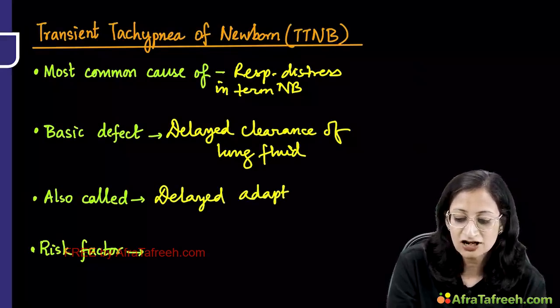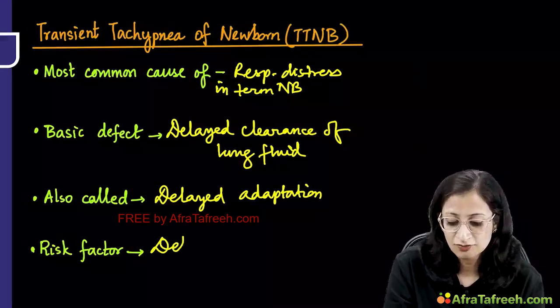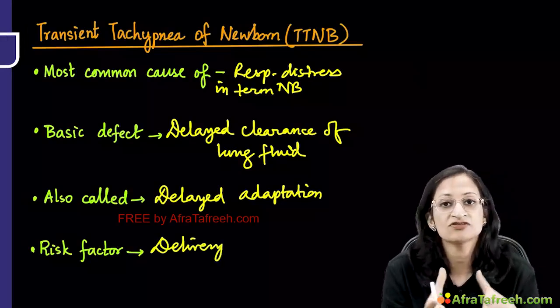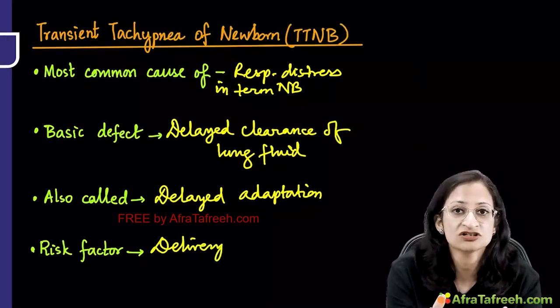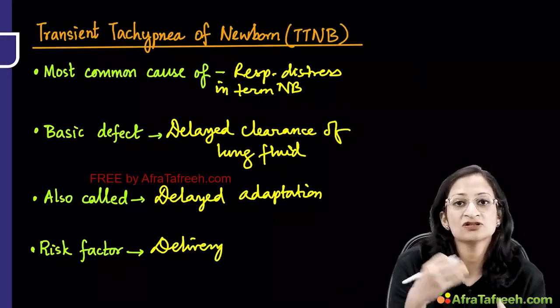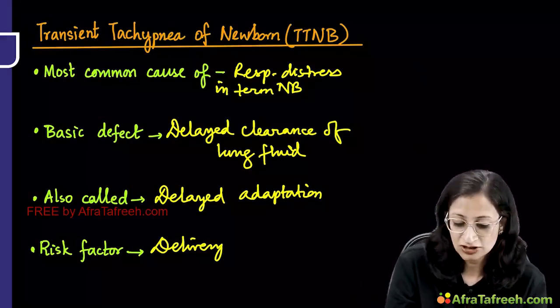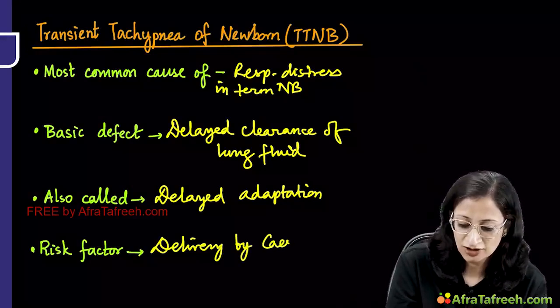And it has been seen that delivery by caesarean section is a very important risk factor for TTNB. Because once the baby is having normal vaginal delivery, there is some squeezing force on the chest of the baby which helps in the clearing off of the lung fluid. If you bypass that and the baby is born by caesarean section, those babies are seen to have more chances of TTNB. So delivery by caesarean section is a risk factor.